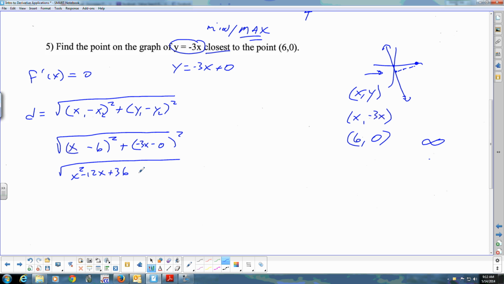And then that's going to be plus 9x squared. So then I've got 10x squared minus 12x plus 36. Okay, now that's your distance. This, I need to find the derivative and set that answer equal to 0. And that's the hard part.